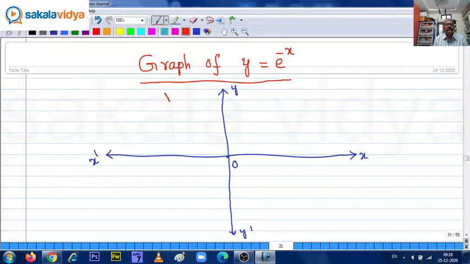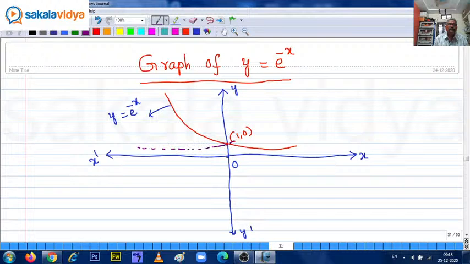So this is the graph of y is equal to e power minus x. It cuts the y-axis at 0, 1. If you draw like this, this will be the y is equal to e power x graph. Y is equal to e power minus x and y is equal to e power x are images of each other with respect to the y-axis.